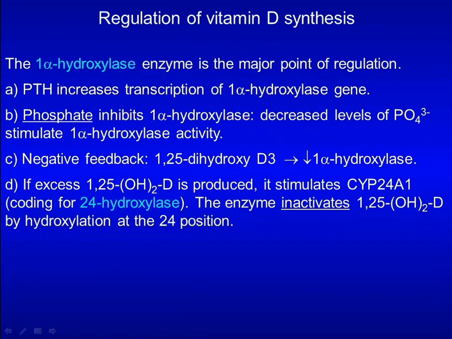Through a negative feedback loop, vitamin D3 decreases transcription of 1-alpha hydroxylase gene. If excess vitamin D is produced, it stimulates a gene coding for 24-hydroxylase. This enzyme inactivates vitamin D by hydroxylation at position 24.